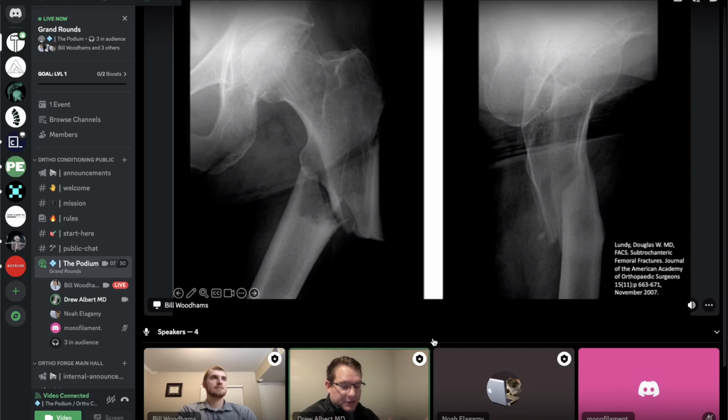And you would literally just get your K-wire driver and put it through your distal femur at the level of the top of the superior pole of your patella. Some people say 1 finger breadth above. The main thing is you don't want to go too proximal and you don't want to go too distal, so you kind of split the difference.